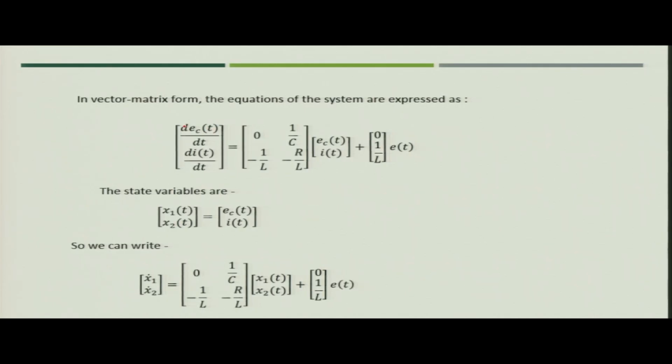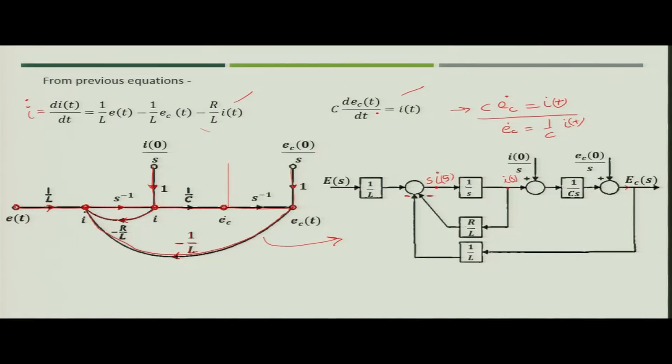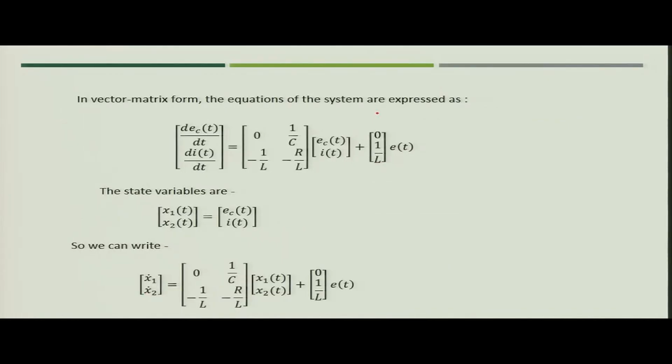So, we can write that dEc by dt is equal to I by C. This you can easily get from this equation. So, you get dEc by dt is equal to 1 by C times I, and we do not have any forcing function in that equation.